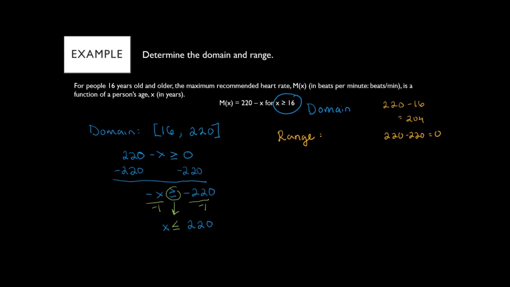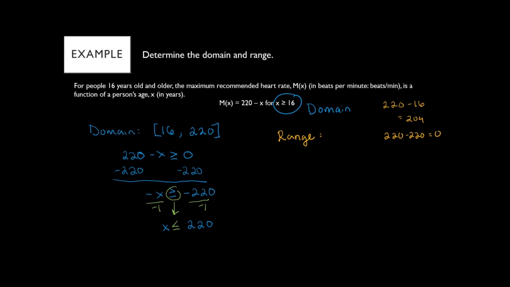So this tells us that our range is between 0 and 204. You use the domain endpoints to determine the range when you have an equation like this. If it wasn't linear, it's a little harder to do, but when you have something linear like this, you just need to figure out where your endpoints are, and that tells you what your range is. That's why I say that range is based off of your allowed inputs, because we had to use the inputs to determine what the outputs would be.